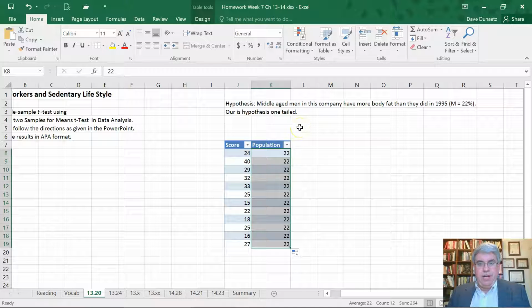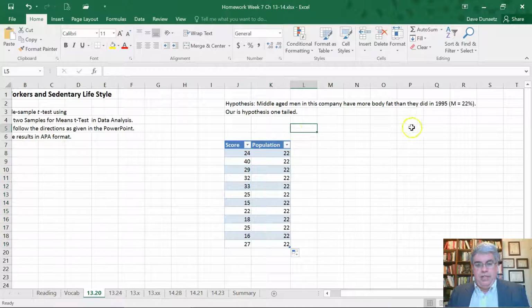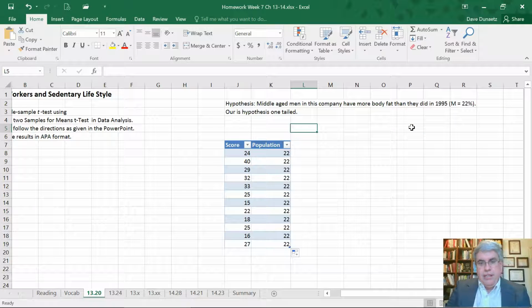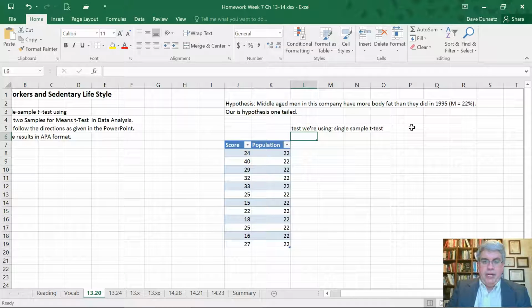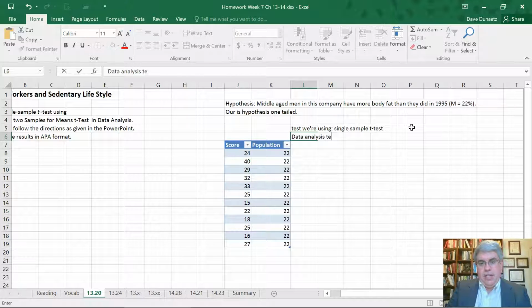The test that we're using is a single sample t-test. The data analysis test is going to be a paired two sample t-test for means.